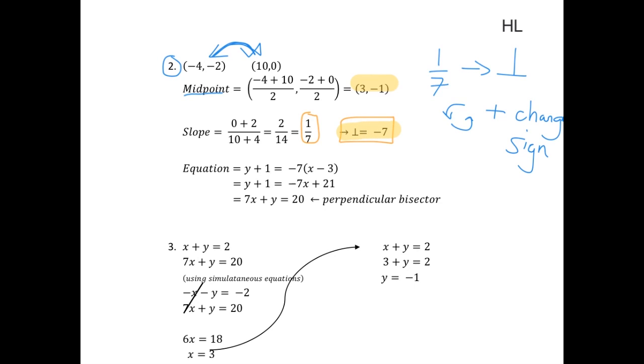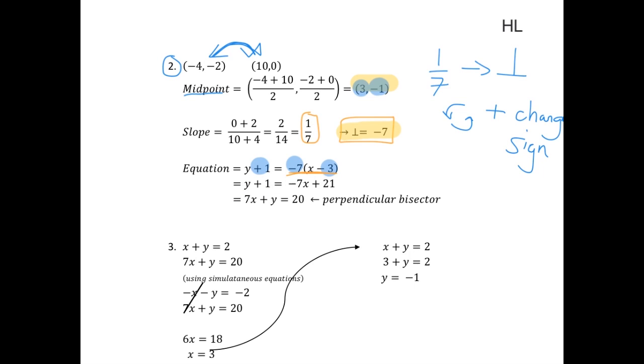Again, we fill those values into our equation for the line. We have y minus y1, but since y1 is minus 1 already, minus by minus gives us a plus 1. Our minus 7 is our slope, times x minus x1, and x1 is 3. We expand this bracket on the right hand side and simplify to get the equation of our second perpendicular bisector to be 7x plus y equals 20.